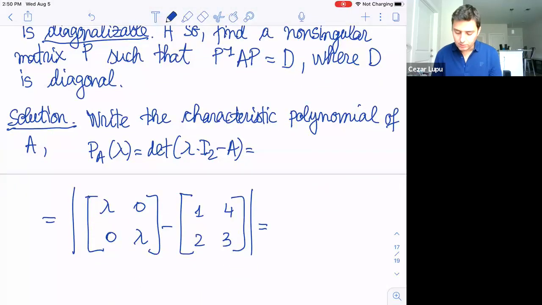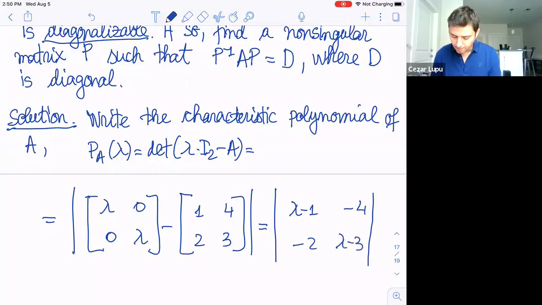So this will be the determinant of lambda minus 1, -4, -2, and lambda minus 3.